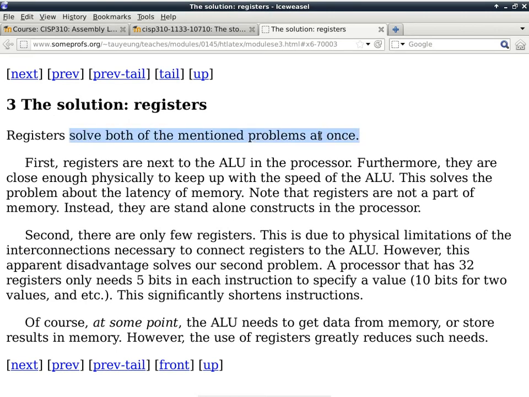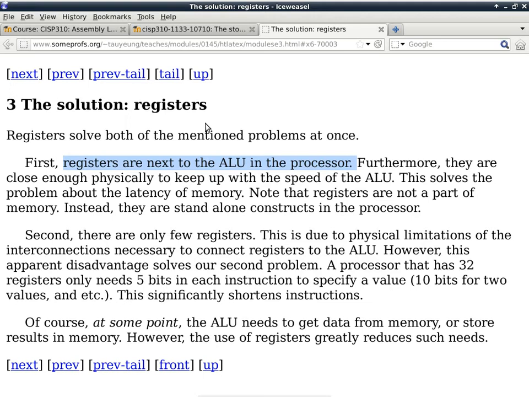Okay. First of all, registers, in terms of on the silicon, are very close to the ALU. In other words, if this is the ALU, physically, you have registers sitting pretty much right next to it. So when you route signals from the registers into the ALU, it doesn't take that long.